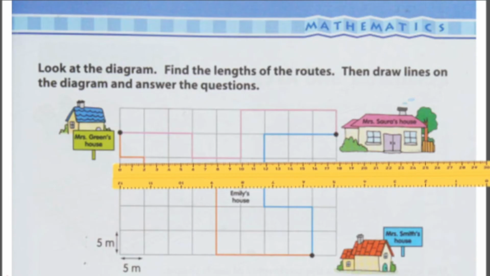Now they say look at the diagram, find the length of the routes, then draw lines on the diagram and answer the questions. So they have given this grid to measure the length and direction, and the horizontal and vertical length of this box is supposed to be 5 meter.